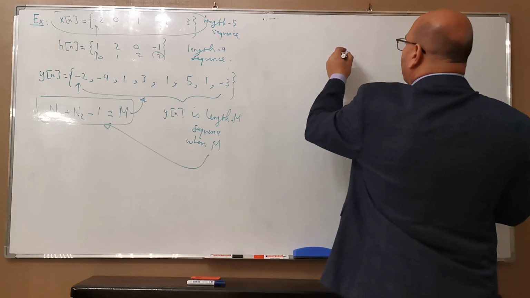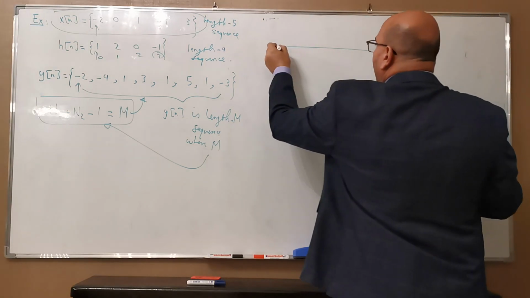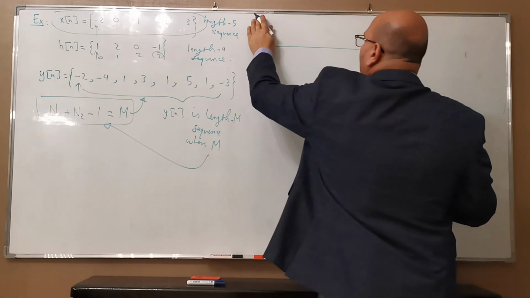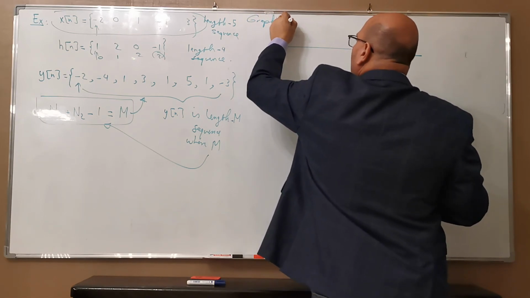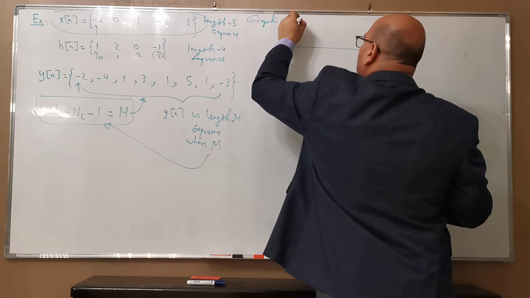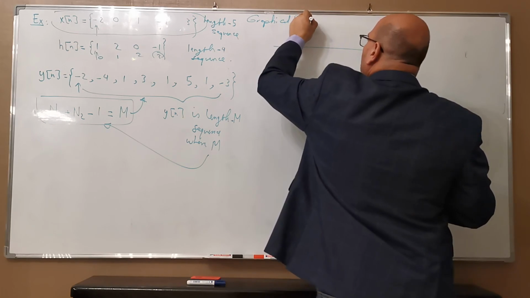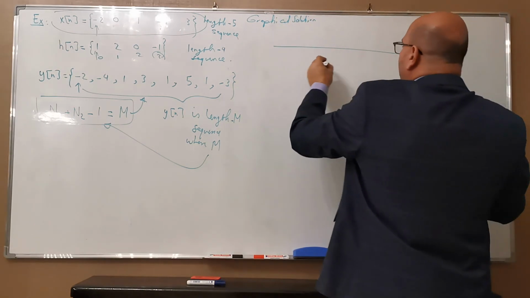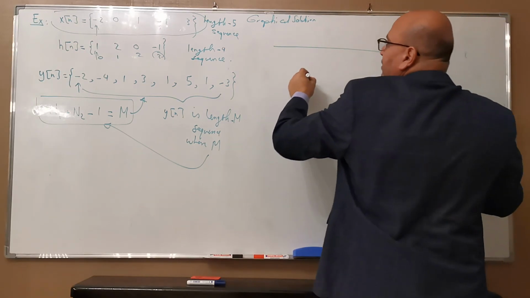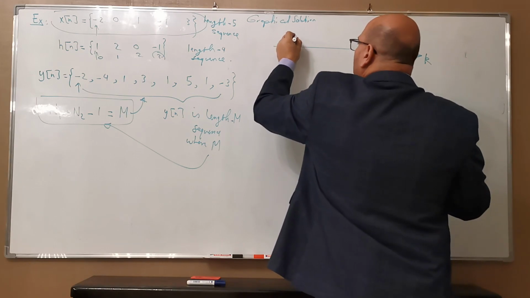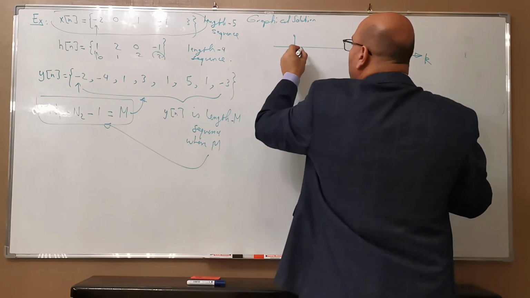So if I take the first signal, I'm going to call this graphical solution. I'm going to take the first signal and rename the index to be k, and x of k will start from 0.